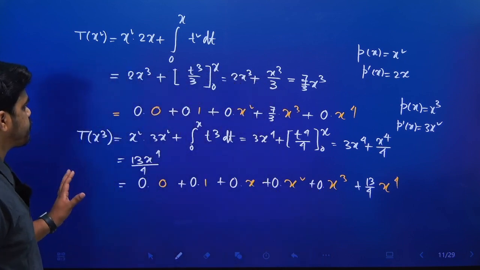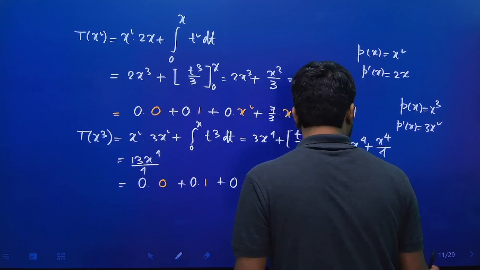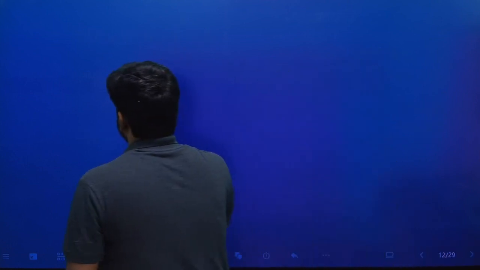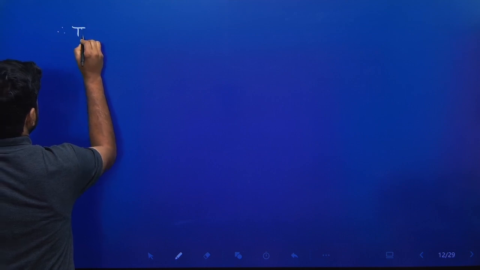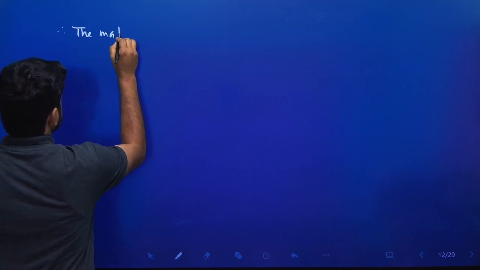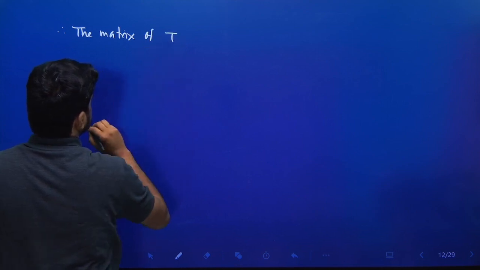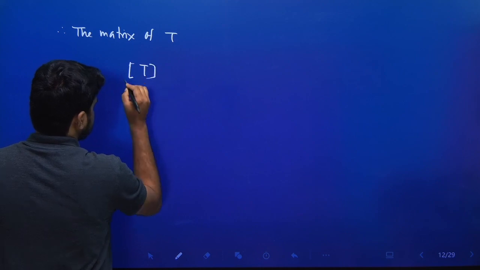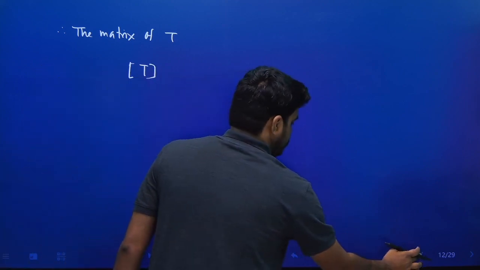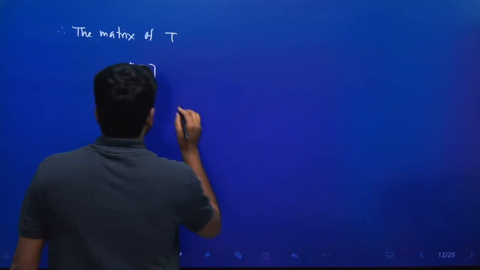Okay, now what is the matrix representation? Therefore the matrix of T, that is this, with respect to the basis beta and gamma, right? Beta.